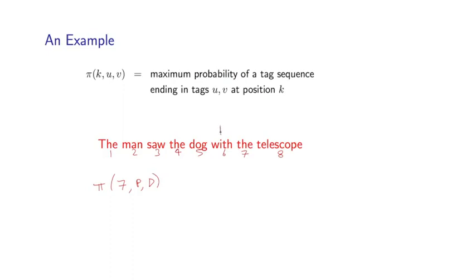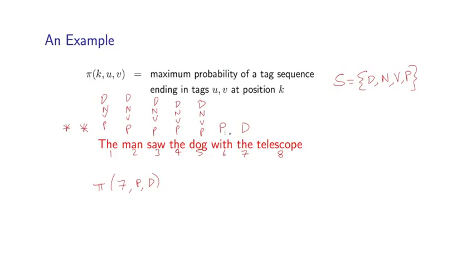So I'm going to fix these two tags here to be P and D. And let's just assume that our set S is equal to D N V P. So if we look at any of the preceding positions, we have 4 possible tags at each position. So we have all of these possibilities. Let me just write these out. And we always have star, star as these 2 start symbols.